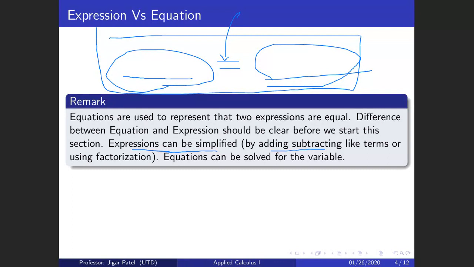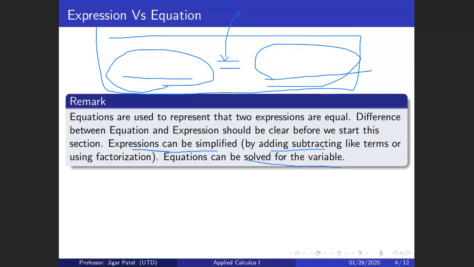Equations can be solved for the given variable. So the major difference is this: an expression can be simplified only. There is no equal to sign in an expression. An equation has an equal to sign, so you can solve an equation for the variable x or whatever variable is given.